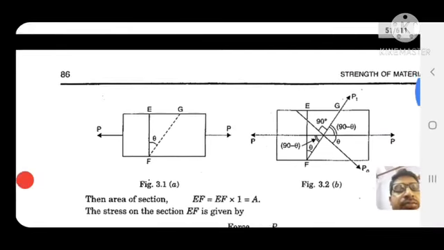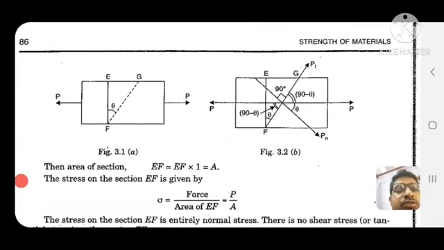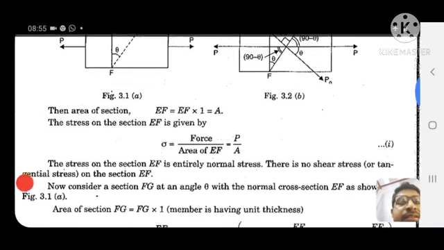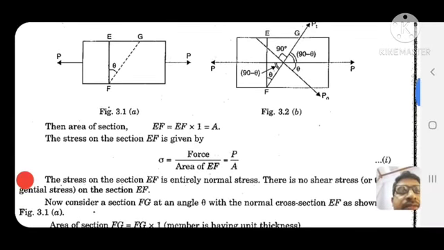Now, the diagram. Here, P is tensile, EF is the perpendicular section, and FG is inclined at an angle theta.